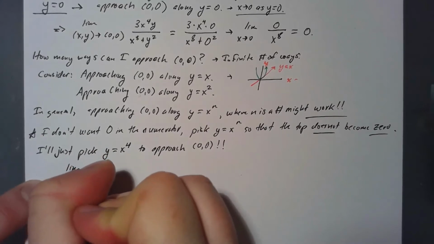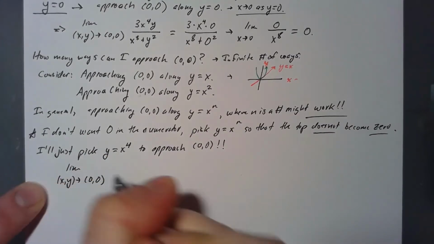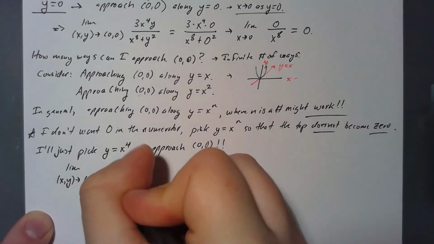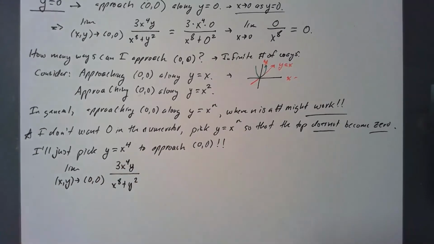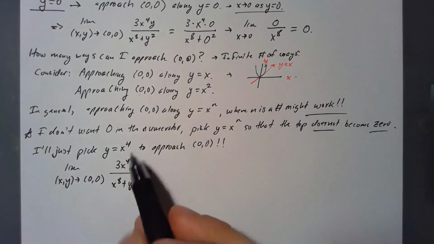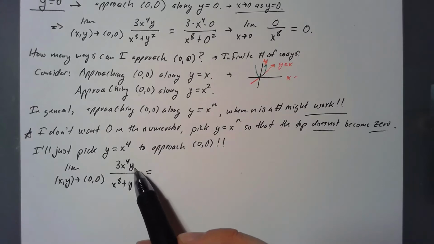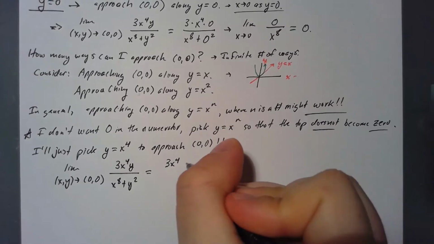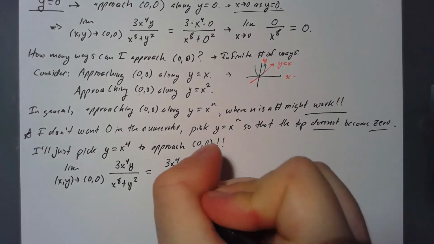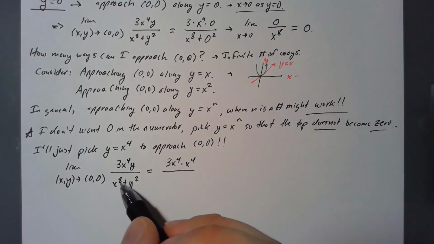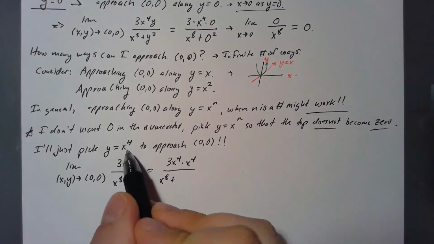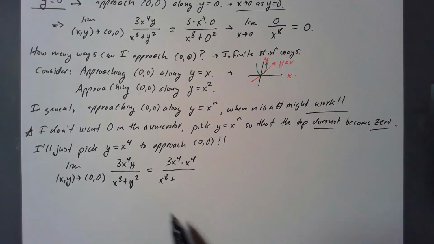So the limit as x, y approaches 0, 0 of 3x to the fourth y all over x to the eighth plus y squared. Because y is now equal to x to the fourth, I replace y with x to the fourth. In the numerator, I get 3x to the fourth times x to the fourth, all over x to the eighth plus x to the fourth squared.